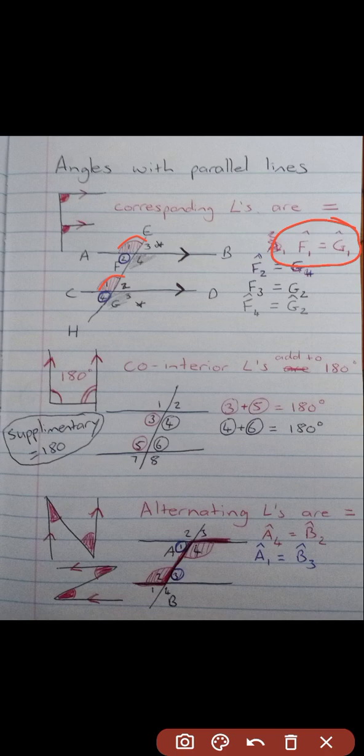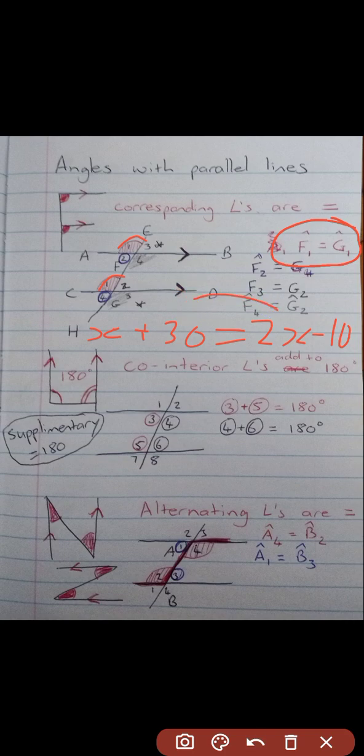If you've got an equation, like they tell you that F1 is x plus 30 degrees, and the other one is 2x minus 10 degrees, then they're equal, so you can write it out like an equation like this, and then you take things over to the other side.